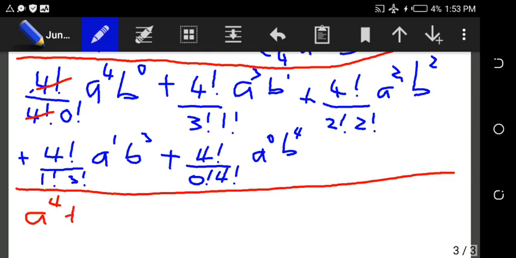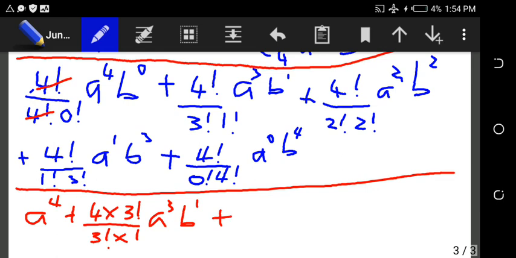We have plus. Now 4 factorial. Remember that 4 factorial means 4 times 3 times 2 times 1, and that is 4 times 3 factorial, all over 3 factorial. Then your 1 factorial is simply 1. That will give us times 1. Then we'll still have a raised to power 3, b raised to power 1. All right.